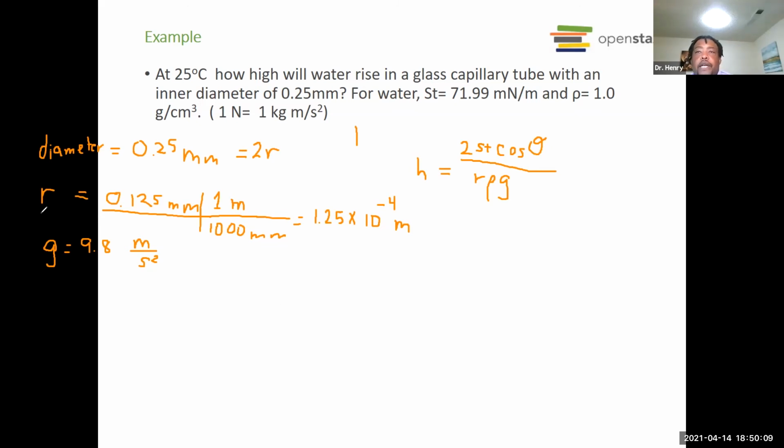Okay, so we have the radius in meters. What about our density? We have density equals 1.0 grams per cubic centimeter. And we know that a Newton is kilograms meters per second squared, so we should change the units for these.